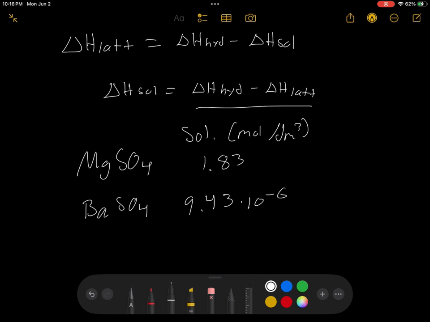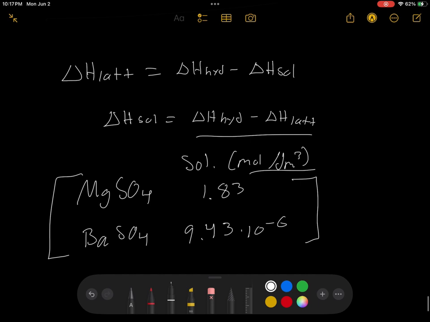So as we can see from these numbers, the solubility of magnesium sulfate is higher than that of barium sulfate, right? Solubility essentially means when you dissolve this in water, how many moles of this will dissolve in 1 dm cubed of water, or 1 liter of water. So obviously the higher number means it's more soluble, right?